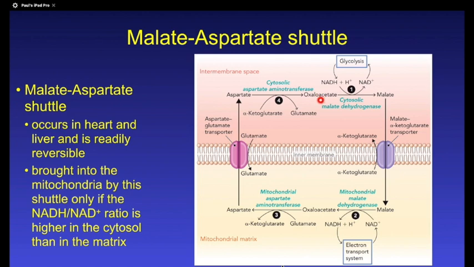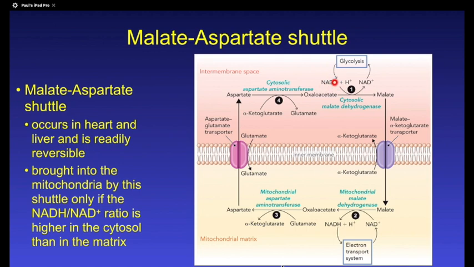But citric acid cycle happens where? In here. So that oxaloacetate is not part of citric acid cycle. Okay? It is part of this shuttle. It is also part and can be used in something called gluconeogenesis, because oxaloacetate is part of that reaction and it happens in the cytosol. Okay? But check what happens.